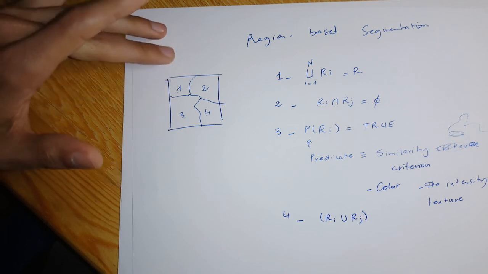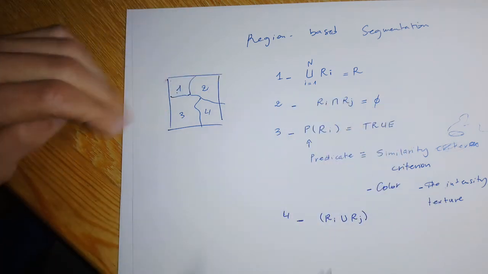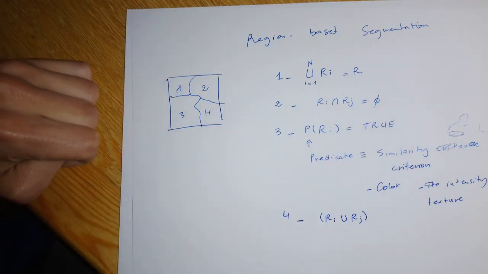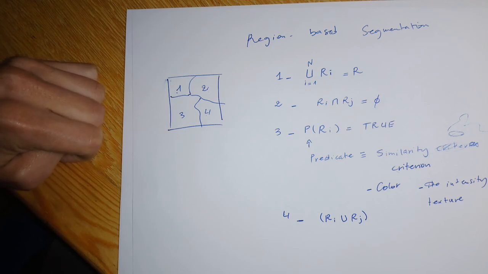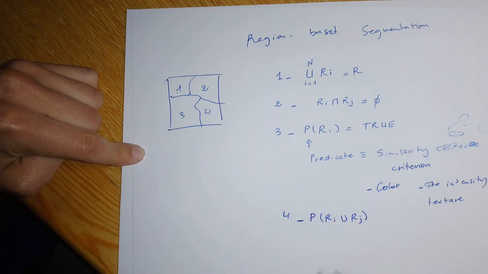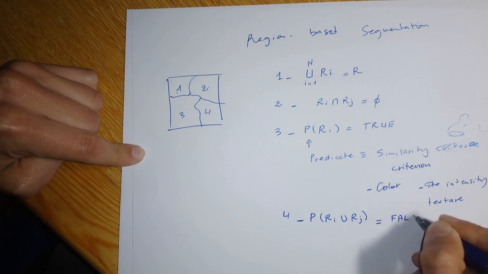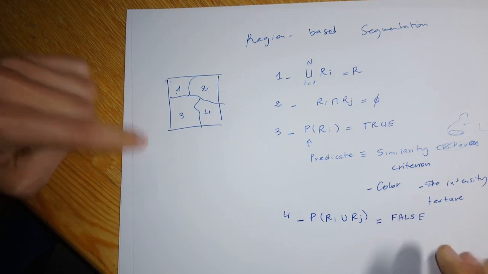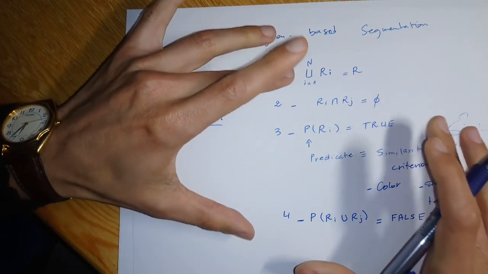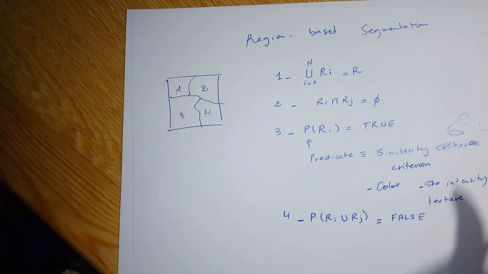And if they do, normally what we should do is just to consider them as one region, one segment. Mathematically we write that as the predicate of the union of these two regions must be equal to false. So these are the four main rules that we have to bear in mind while doing the segmentation.